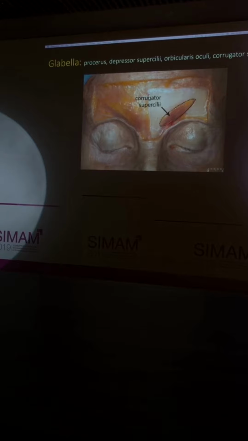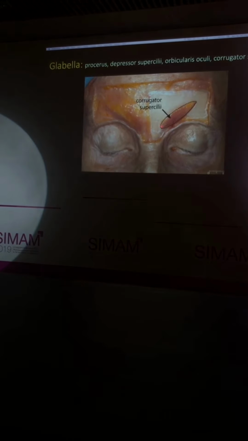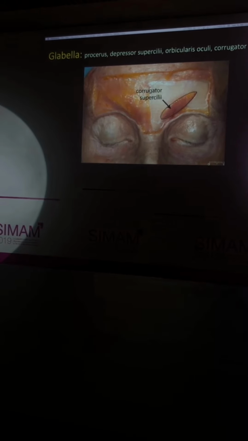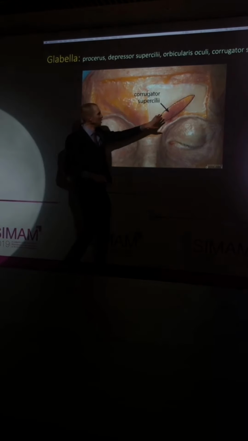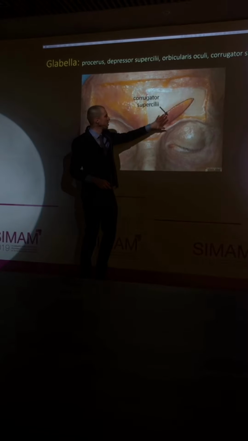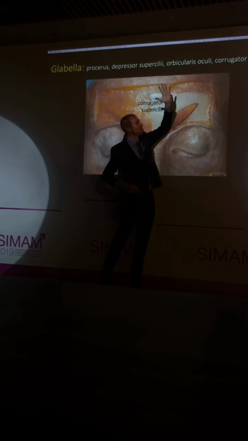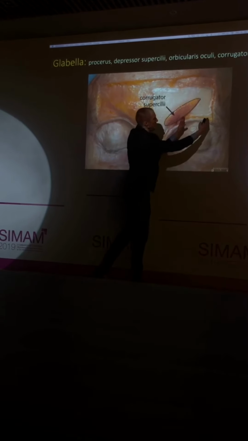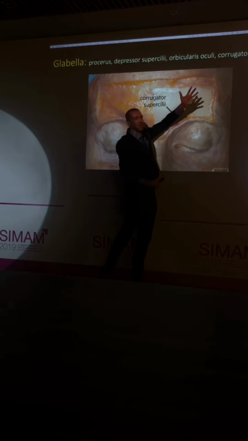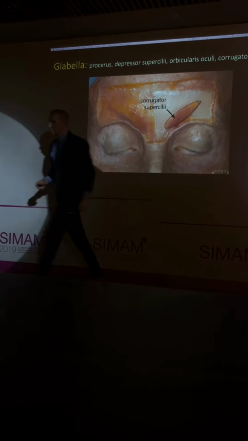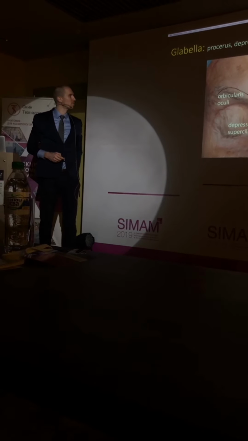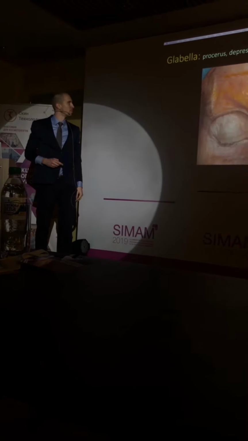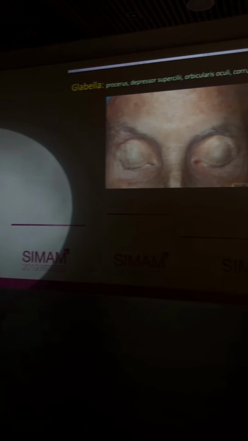If we dissect the ROOF off, then we see the main axis of the corrugator supercilii. Когда мы убрали здесь вот жир руф целиком, мы видим главную ось мышцы корругатор суперцилии. From the bone to the dermis, it spreads out in the medial third of the eyebrow and inserts into the dermis. То есть она имеет крепление к кости, а дальше волокна ее доходят до дермы и там как бы расходятся веером.